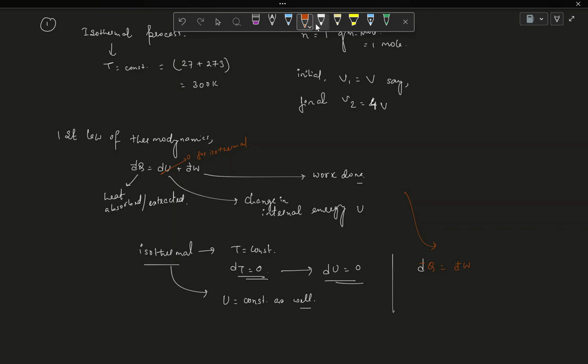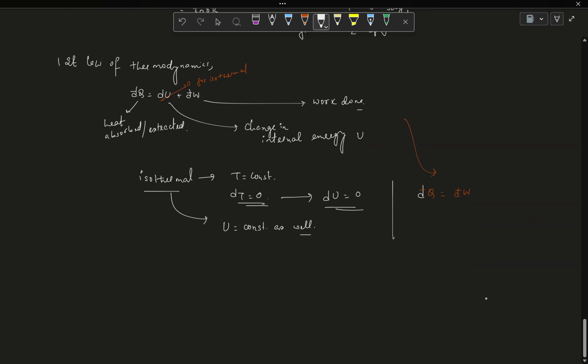So for an isothermal process, the heat that is being exchanged is the same value as the work done. Because there is no change in internal energy, the heat exchanged, either absorbed or extracted, is equal to work done.